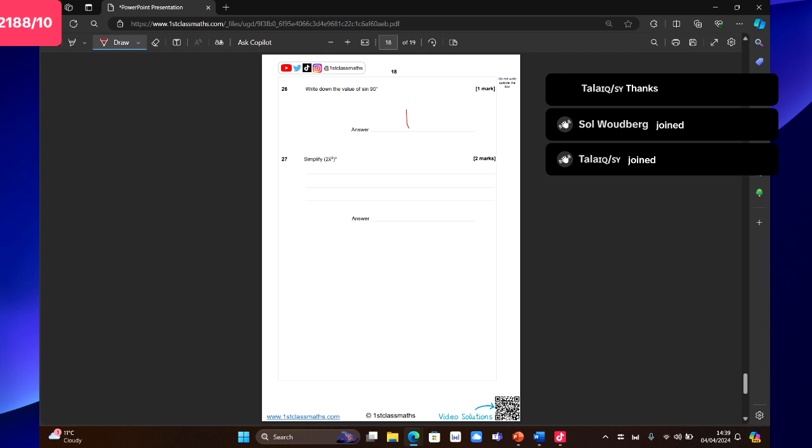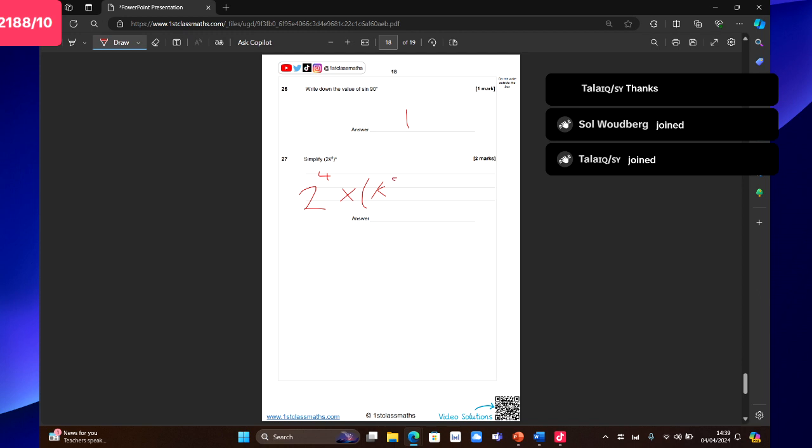Okay, 27, looking at some indices. So simplify 2k to the power of 5 all to the power of 4. I'm going to do 2 to the power of 4 multiplied by k to the power of 5 all to the power of 4.